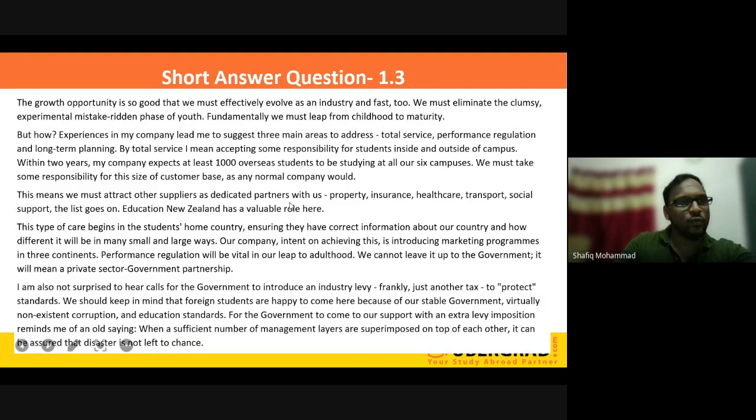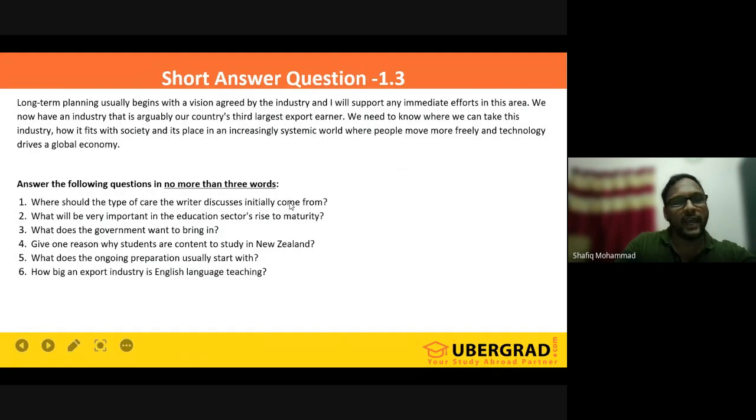So intellectual advancement, and yes, care is also correct, and education standards. Even if you write that one also, education standards, intellectual advancement, or care, any of these three, the mark will be allocated.